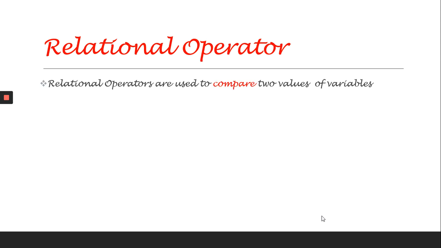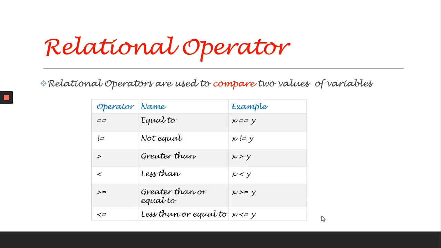Relational operators are used to compare two values of variables. If we want to compare two memory locations to check whether they are equal or greater than or not equal to or whatever it is, you can use the relational operators. If we want to check whether two variables are equal, you have to use double equal to.